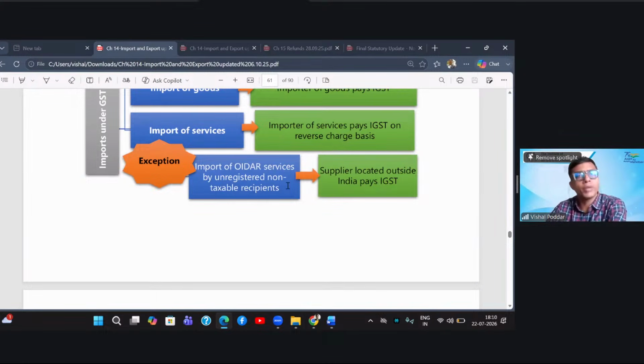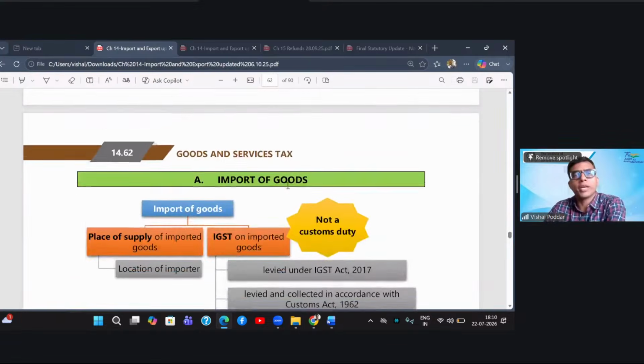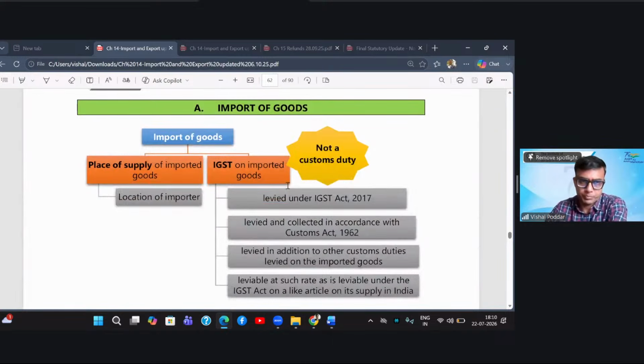Then there is a specific provision under the IGST law which makes the supplier of the OIDAR service, who is sitting outside India, liable to pay tax. So this becomes an exception to the import of service RCM provisions. Other than this, all other import of services will be leviable to tax under the RCM.